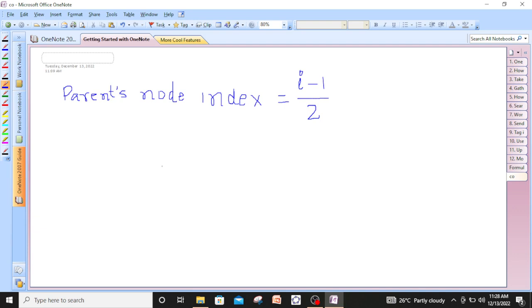Suppose I take an array. This is the array.